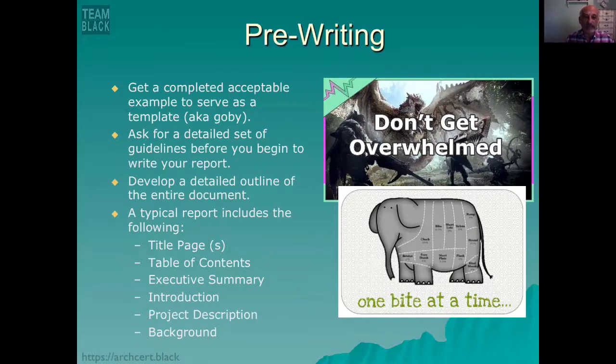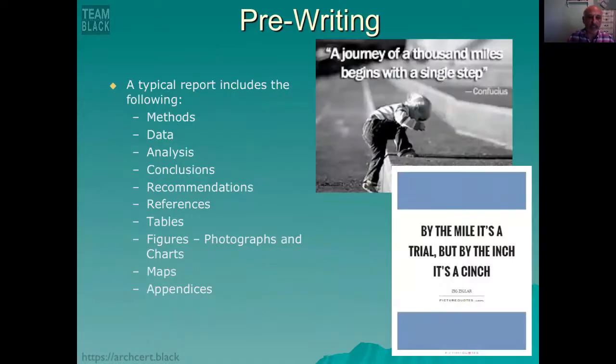Typically, a report includes the following sections. We have a title page, a table of contents, an executive summary, an introduction, a project description, some sort of background of the project.